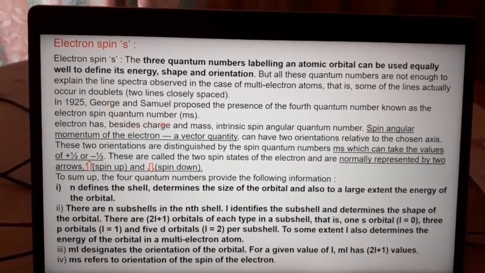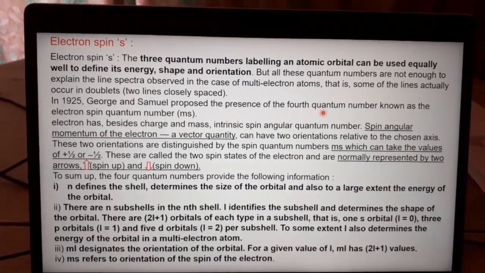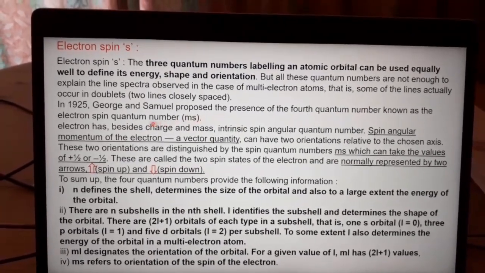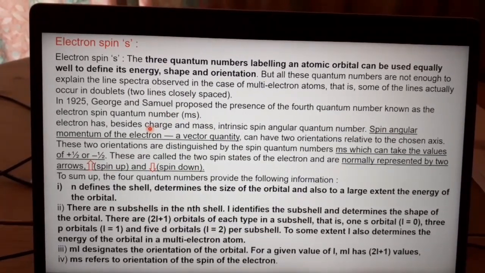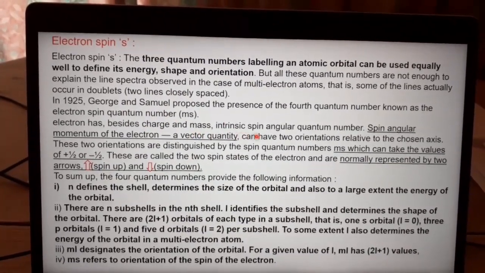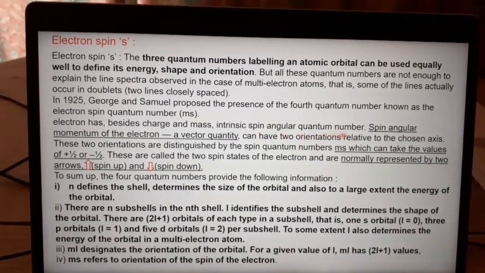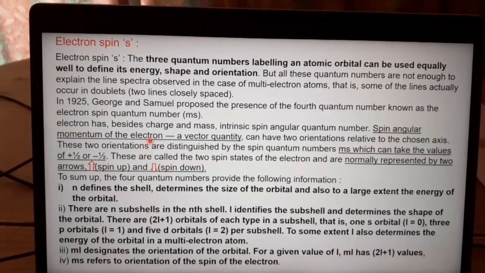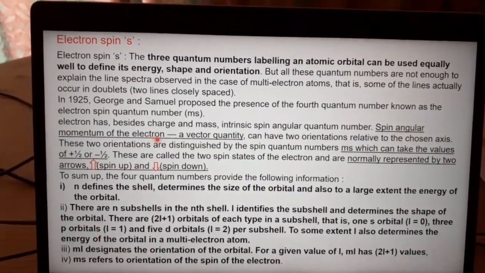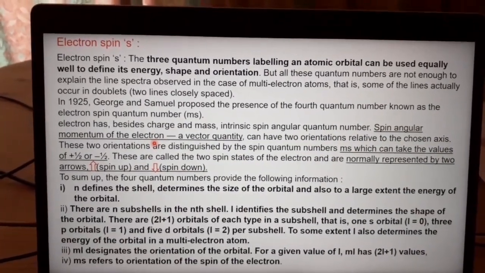So Goudsmit and Uhlenbeck proposed another quantum number, called the electron spin quantum number. Its importance is that an electron, as it moves, also spins on its own axis, like the Earth.